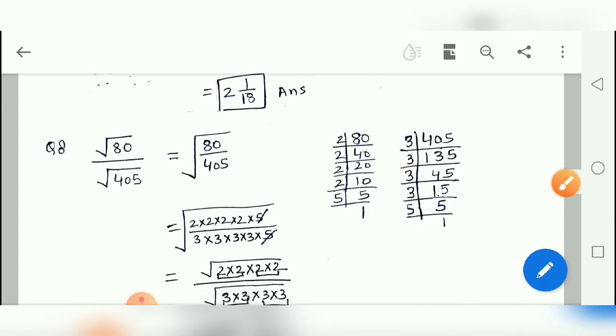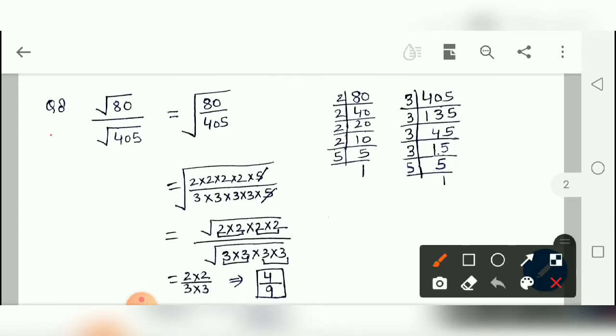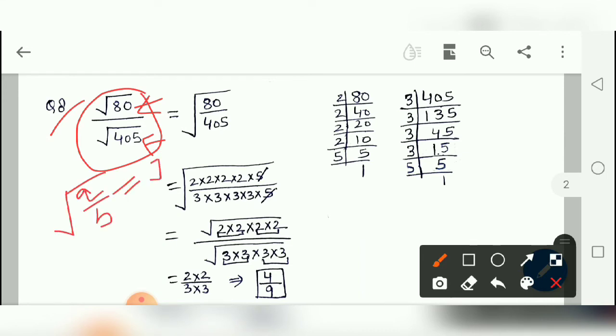Now, the next question is under root 80. Here the square root signs are given on the numerator and denominator separately. What does it mean? If under root a upon under root b is equal to under root a upon b, then the right-hand side given in the question will be equal to the whole under root 80 upon 405.